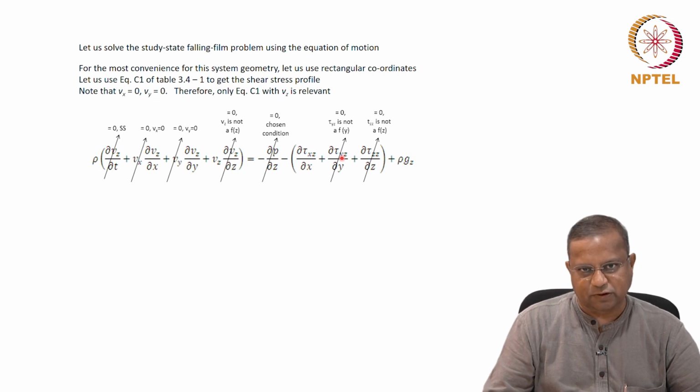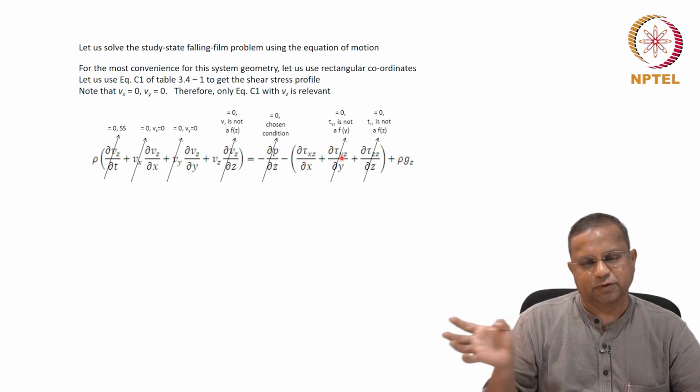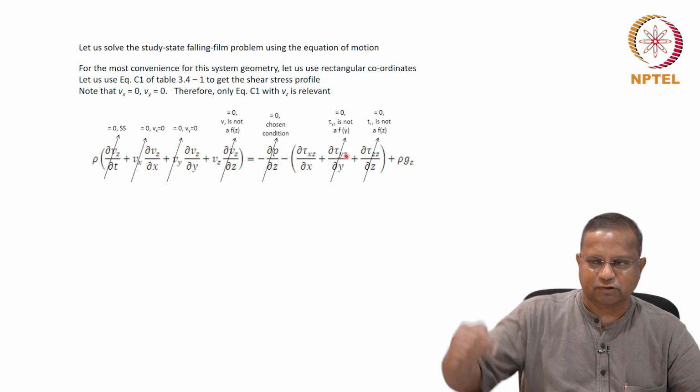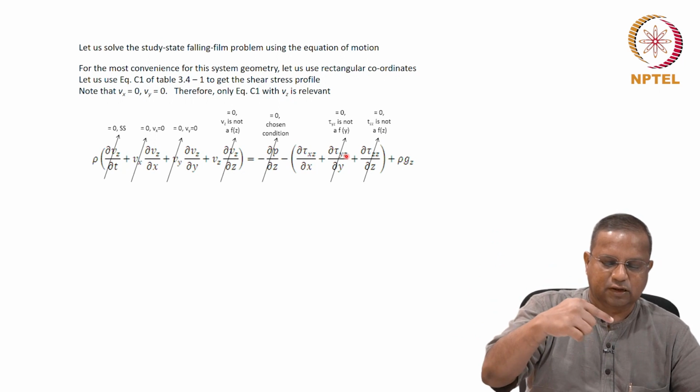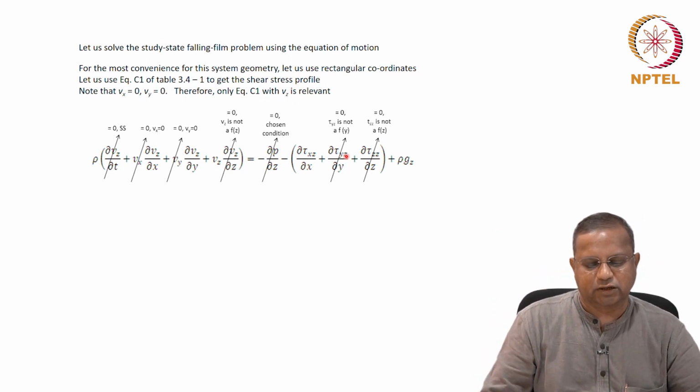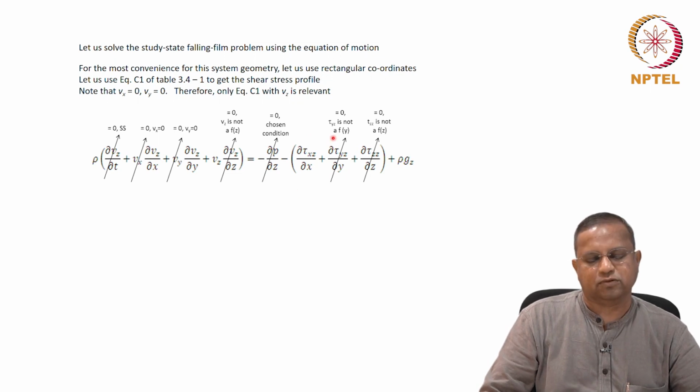If there is a possibility of a velocity gradient here because of a velocity in a perpendicular direction, then this term becomes relevant. If you look at y z here, z is the direction of the velocity, and the velocity gradient is in the y direction. There is no velocity gradient in the y direction here, and therefore this goes to 0.